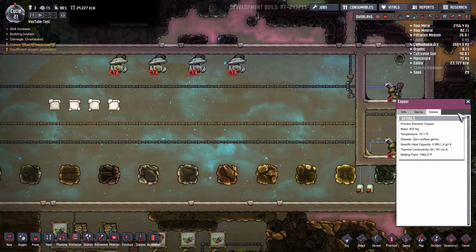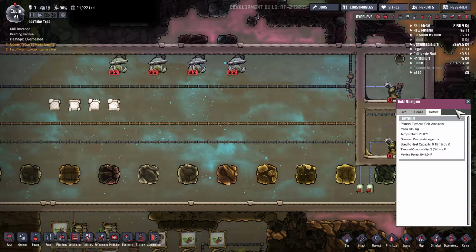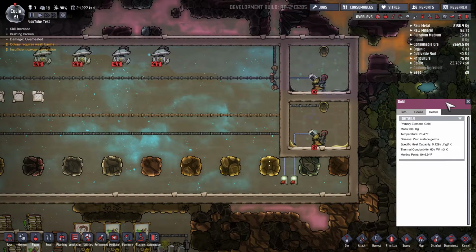Copper, specific heat of 0.3885, thermal conductivity of 60. Gold amalgam, specific heat of 0.15, thermal conductivity of 2. Gold, specific heat of 0.129, thermal conductivity of 60.